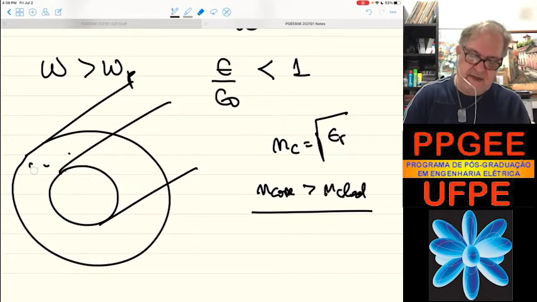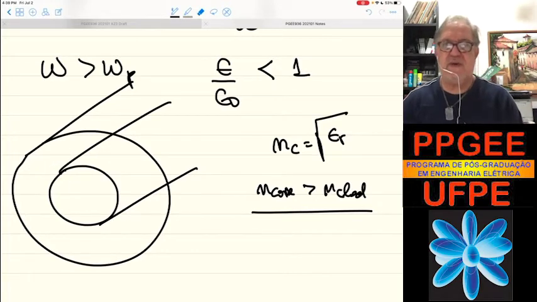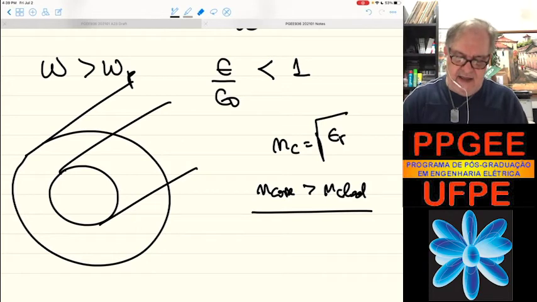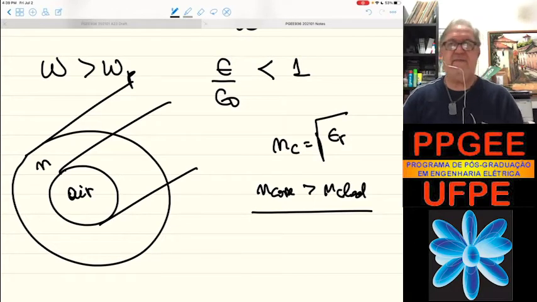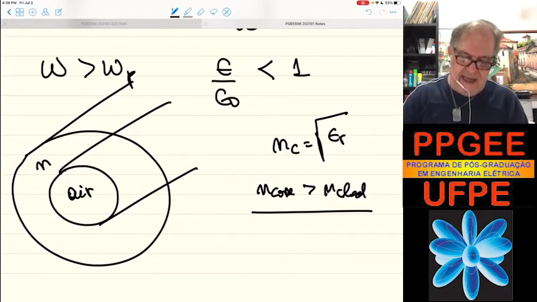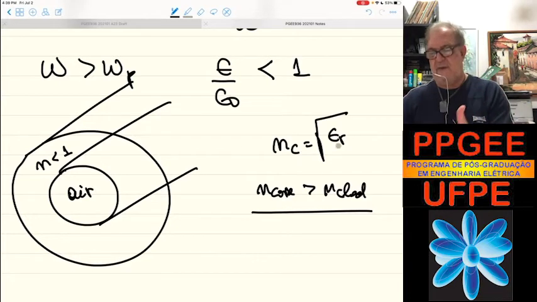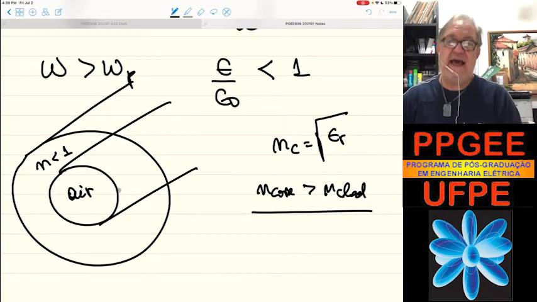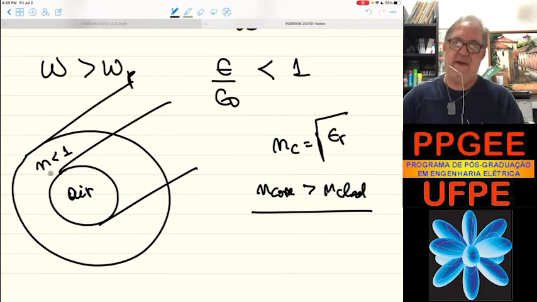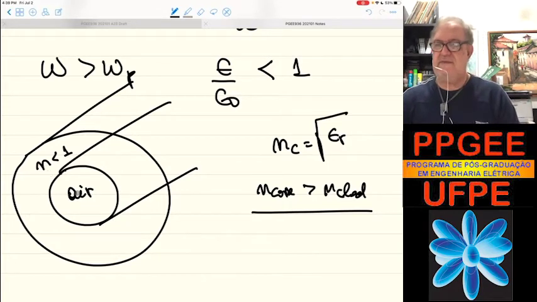People enhance the transmission of X-rays through capillary tubes. You put air or vacuum, and some material, because n is smaller than 1, because epsilon relative is smaller than 1. So we can guide X-rays using capillary glass, empty glass in the middle, right?